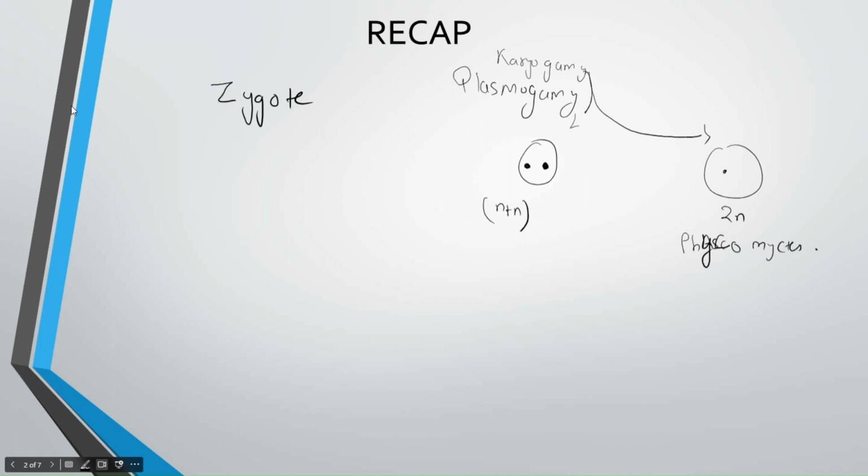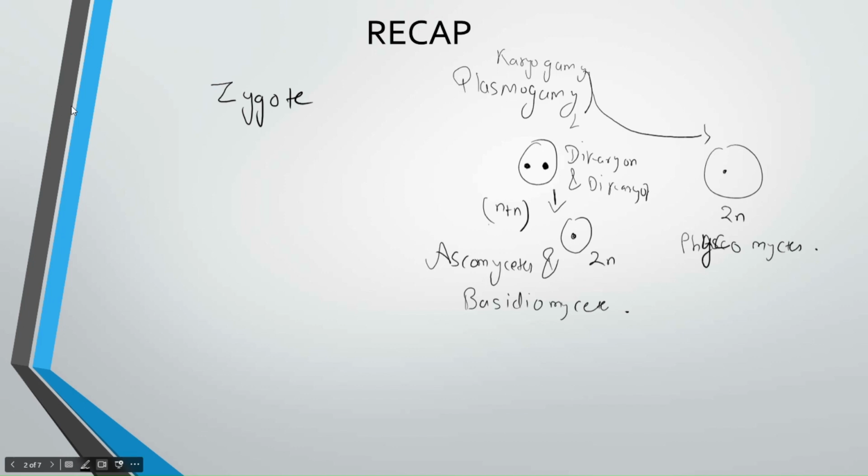And N plus N is in ascomycetes and basidiomycetes. This N plus N intervening stage, when the parental nuclei fuse, forms 2N, and this stage is called dikaryon and the phase is called dikaryophase.